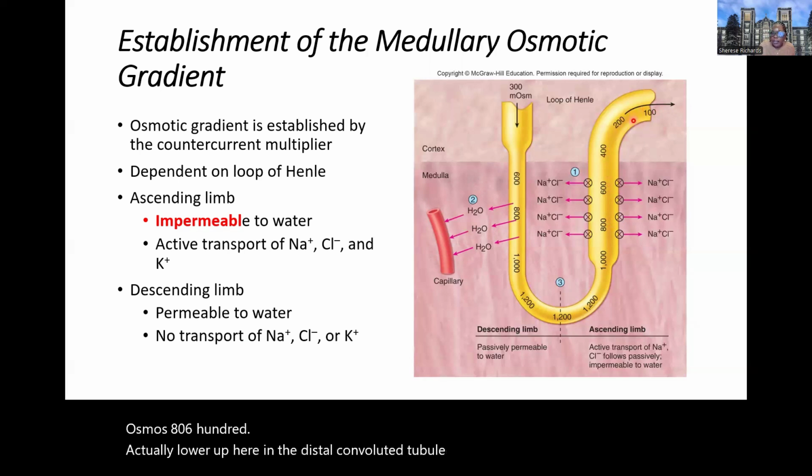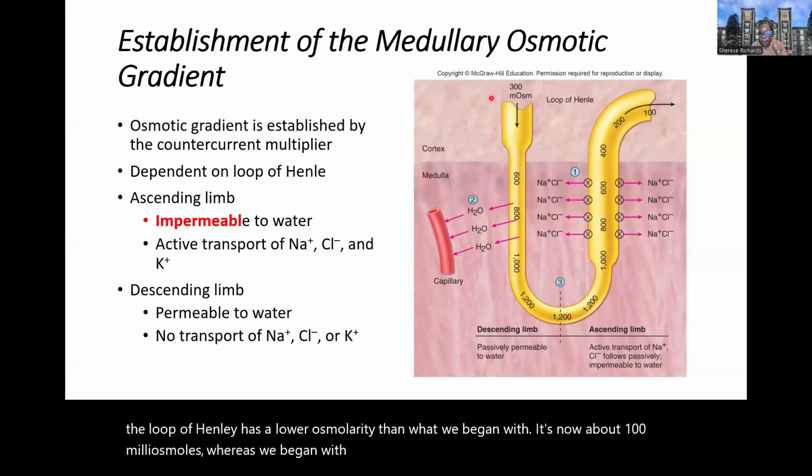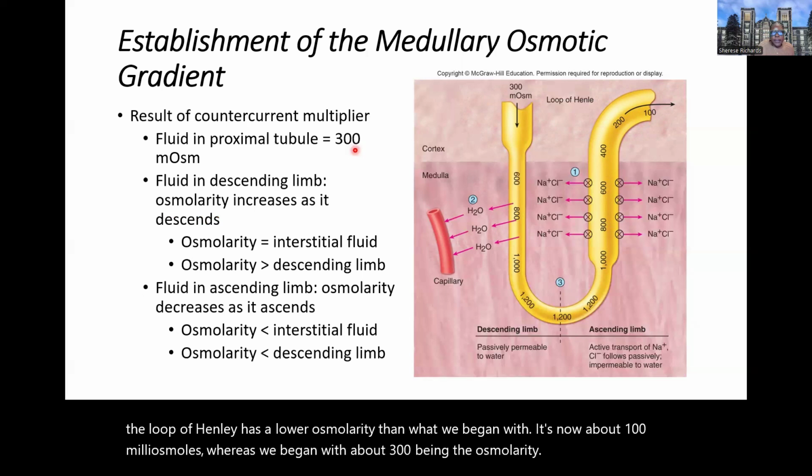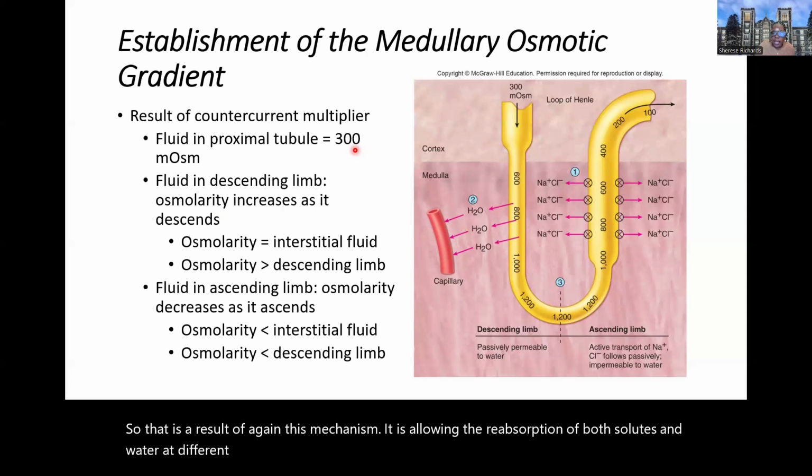So our filtrate at the end of the loop of Henle has a lower osmolarity than what we began with. It's now about 100 milliosmoles, whereas we began with about 300. That is a result of this mechanism, which allows the reabsorption of both solutes and water at different places in the limb. And our final filtrate at the end of this loop is going to be lower than what we began with.